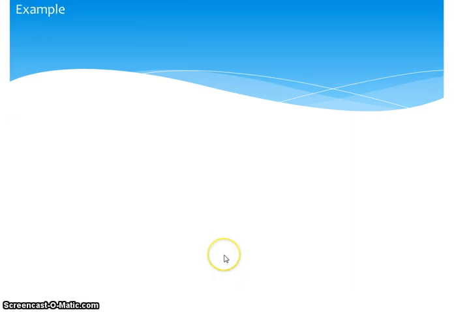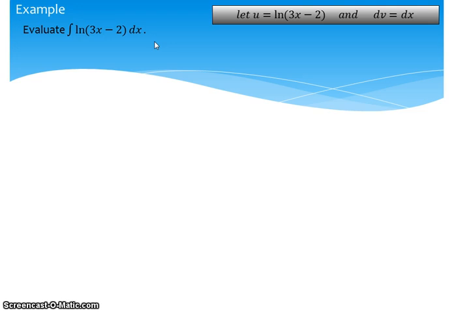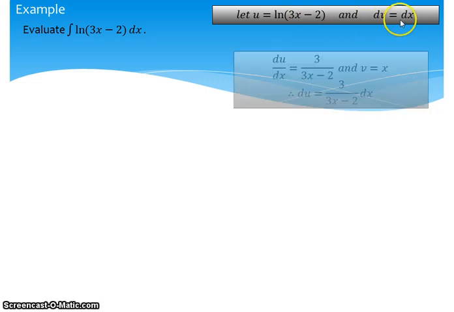In the next example, we're going to integrate ln of 3x minus 2 with respect to x. Once again, you identify your u and dv. In this case, my u is this whole expression, ln of 3x minus 2, and my dv is the remaining expression, which is just dx.